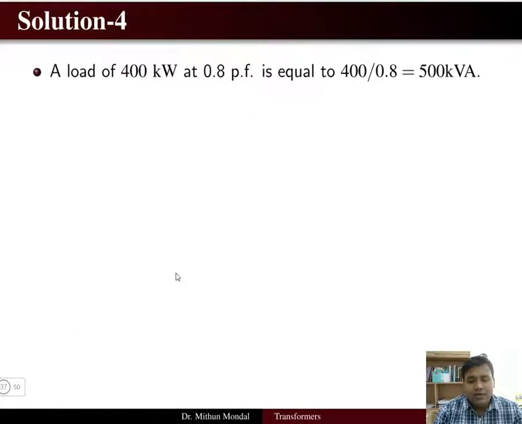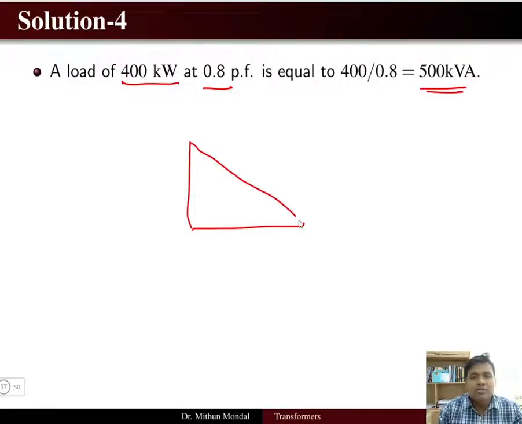So we will divide the 4 conditions. A load of 400 kilowatt at 0.8 power factor is equal to 500 kVA, because we know the formula from the power triangle. So this is your power triangle. We have P here and we have Q and S. P is the real power, Q is the reactive power, and S is the complex power. This complex power we need to determine.